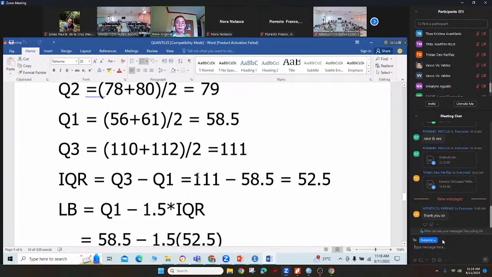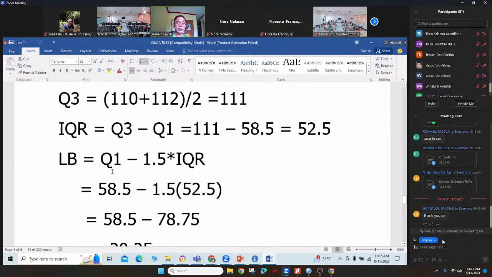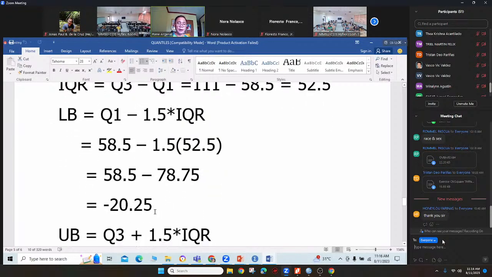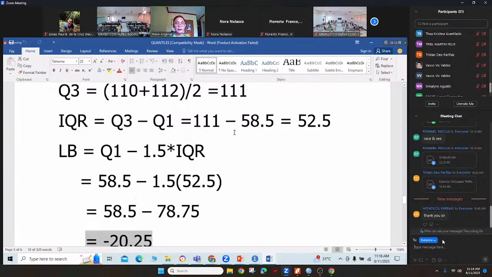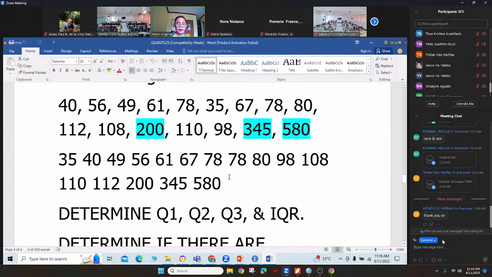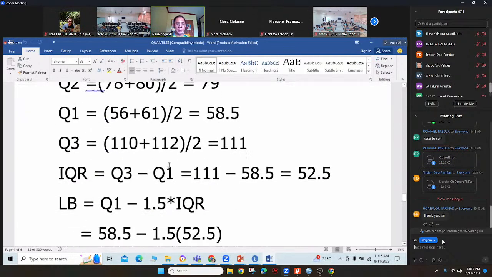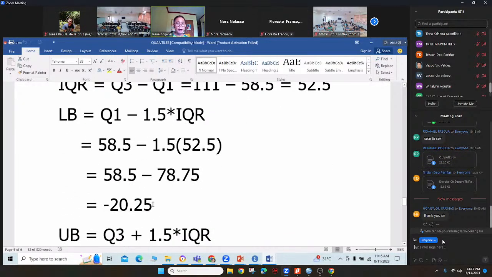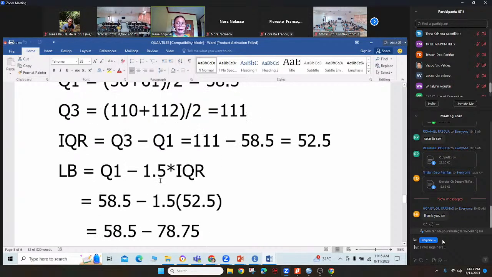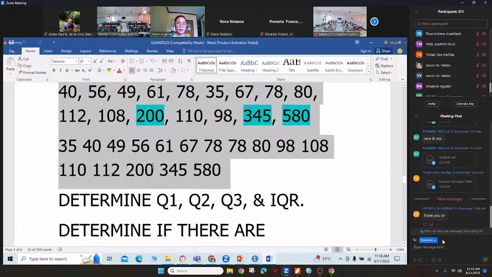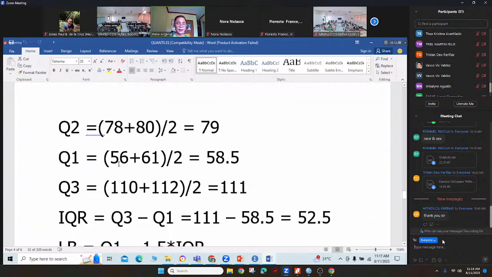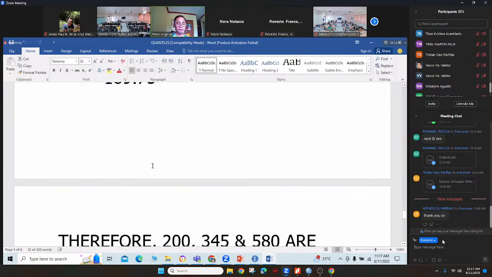Substituting the values of Q1 and IQR, we got negative 20.25, which means that if there are values in our data set less than negative 20.25, we will consider that an outlier. Obviously, in our data, since all values are positive, we don't have an outlier for the first condition.